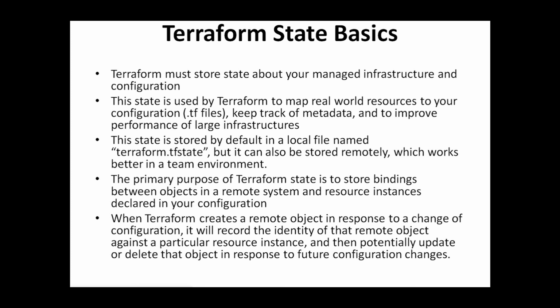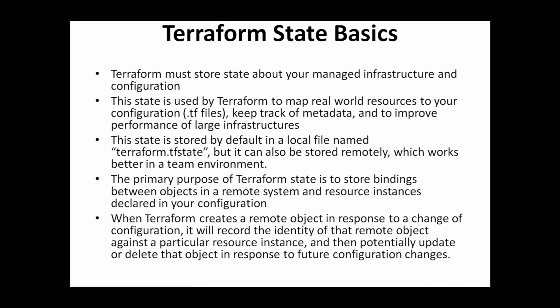So it can be stored in a backend. The primary purpose of Terraform state is to store bindings between objects in a remote system and resource instances declared in your configuration. So it acts as a mediator between your cloud environment and your Terraform configuration files.